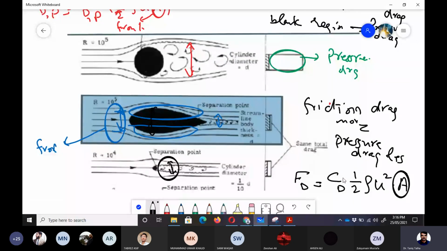CD value would be kind of the same magnitude. The only difference which is very applicable, which is quite dominant, is U scale, right? So that is the Reynolds number effect. Because if you remember from your FM1, Reynolds number is rho U D upon viscosity.